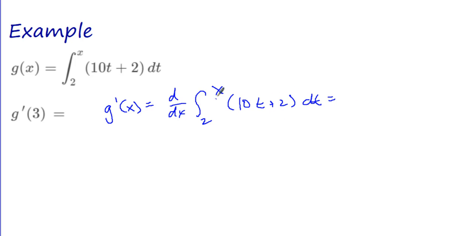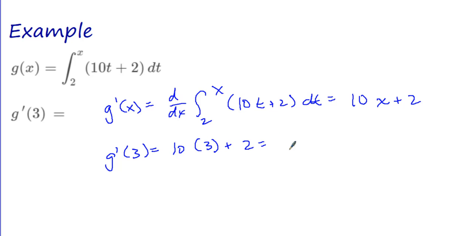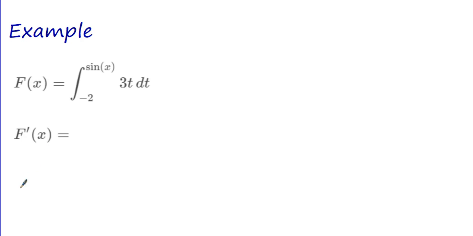The derivative of the integral is 10x plus 2, isn't it? This is the second fundamental theorem of calculus. And so we just plug the x in for the t. And the derivative of x is 1, so we're multiplying by 1 ultimately. Which means g prime of 3 would be 10 times 3 plus 2, which is 32. Let's do one more example here.